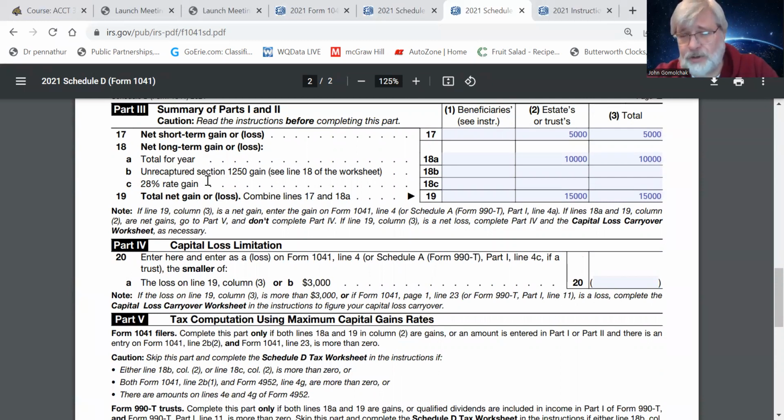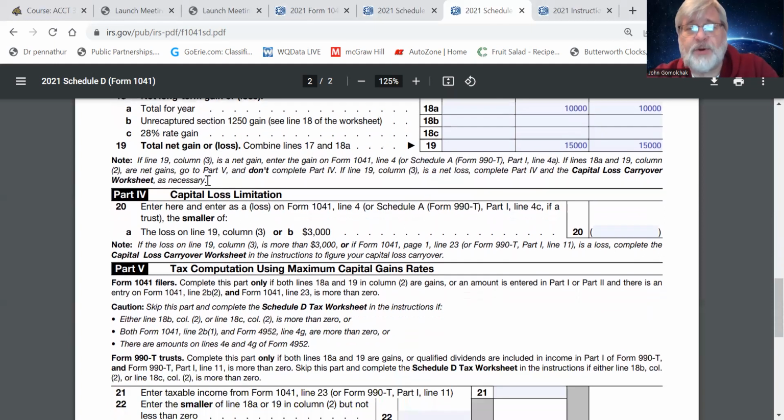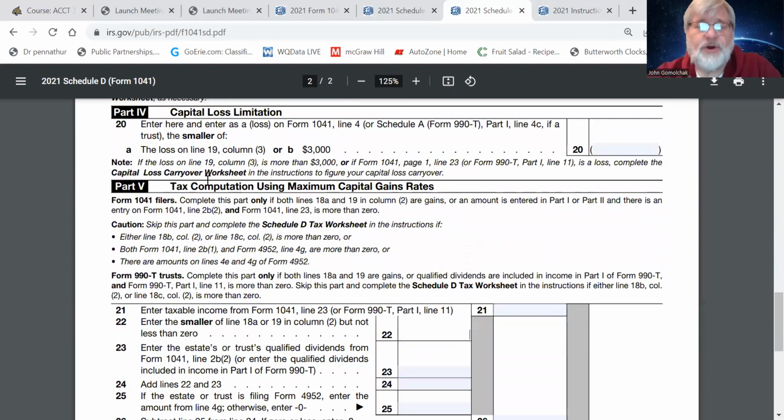You only get a break for long-term gains. So they want to know if our long-term gain is smaller than our total gain, which it is in the example I'm giving here. So $10,000 is smaller than $15,000. So on line 22, we would end up putting the $10,000 because it's smaller. That's the cap. That's the long term.